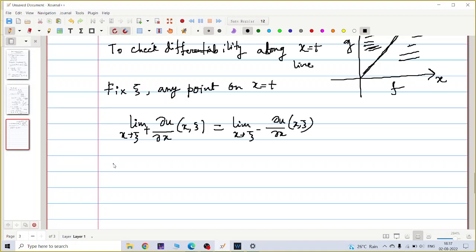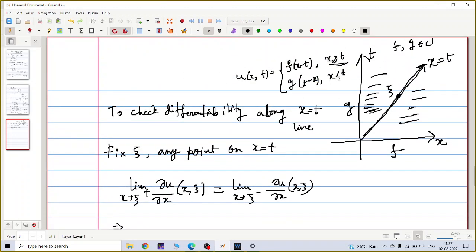So what is del u del x whenever x tends to xi plus? x tends to xi plus means x is greater than xi, and xi lies on this line. That means this point is (xi, xi), right? So x tends to xi plus means x is greater than xi, and x is coming from here.